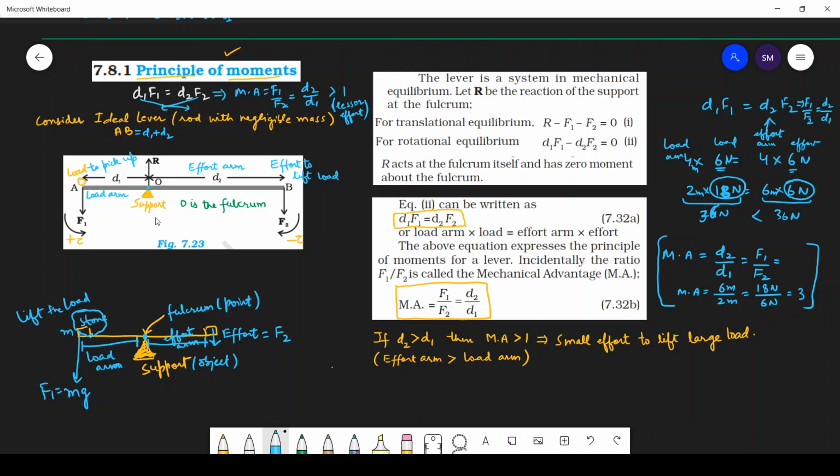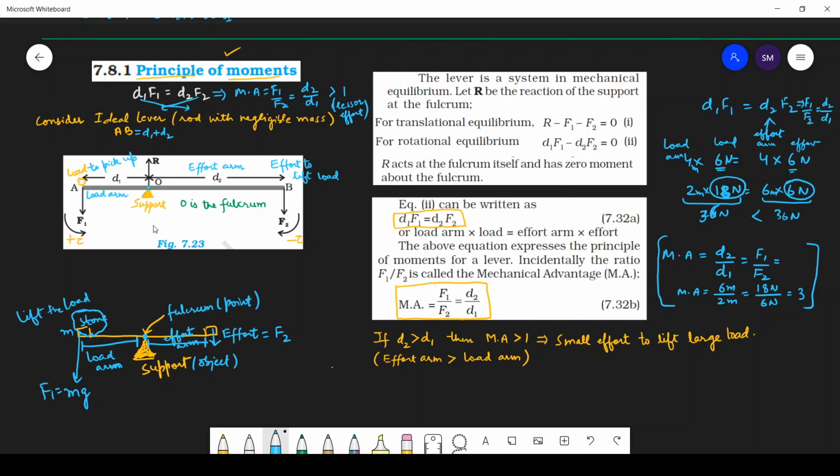There will be translational motion also. Both the forces are acting downwards, so it will come down, like figure 7.22A we did. But here we have fixed the support now.